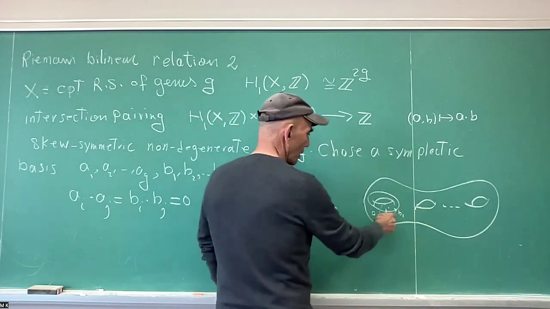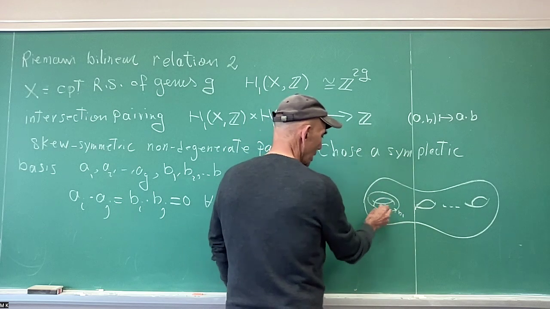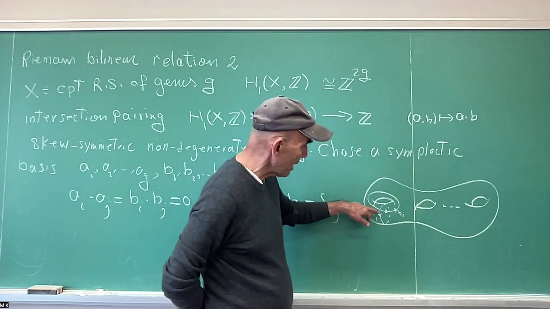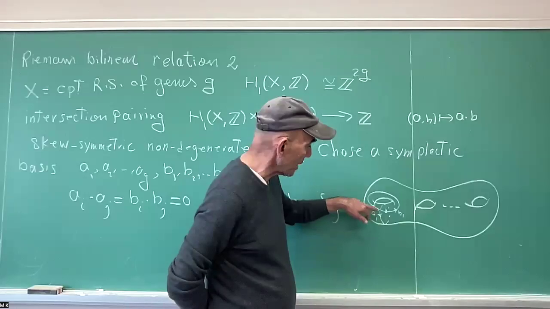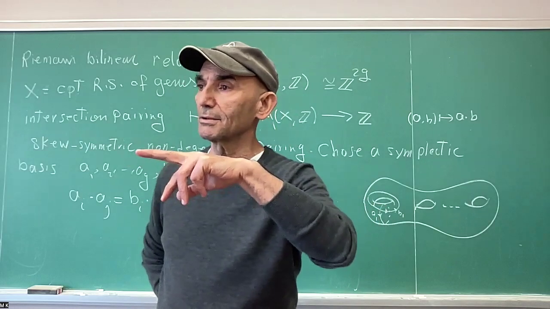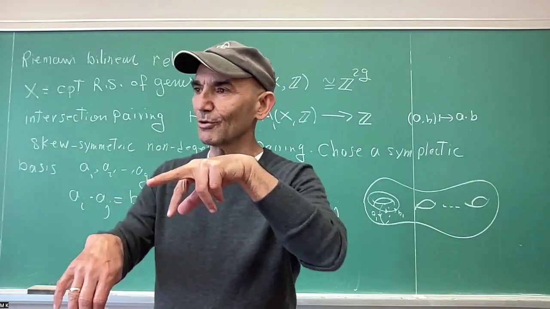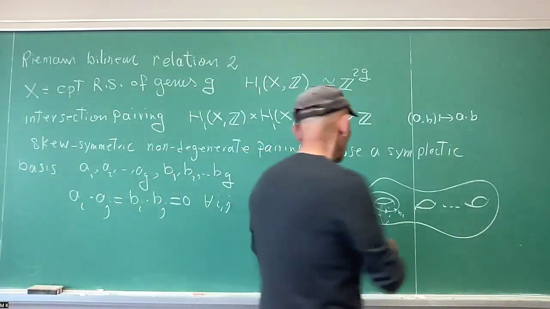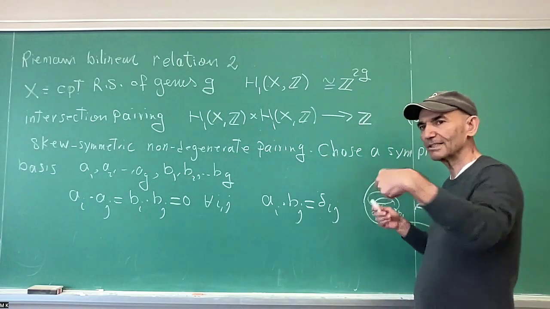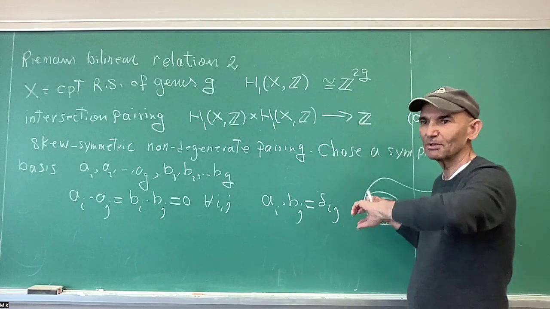And you see that A1 dot B1 has only one intersection, and this intersection has positive sign because the orientation defined by A1, B1 is indeed the same as the surface orientation at that point. So it's compatible with the given orientation. But if you choose B1, A1, the pair B1, A1 has the opposite orientation. So that's going to be -1.